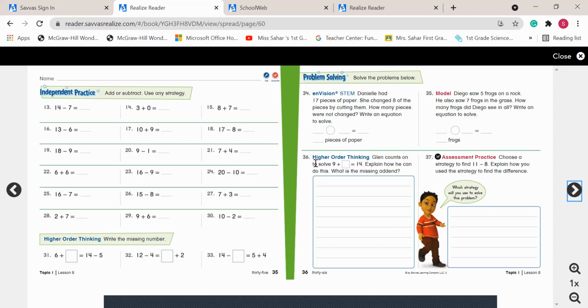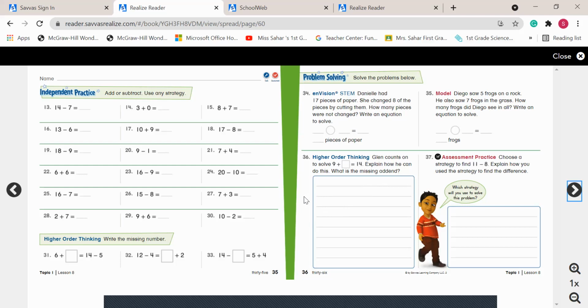All right, number 36. Glenn counts on to solve 9 plus something equals 14. Explain how he can do this. What's the missing addend? So we know Glenn has to start with number 9 and then count on until he gets to 14. So after 9, 10, 11, 12, 13, 14.